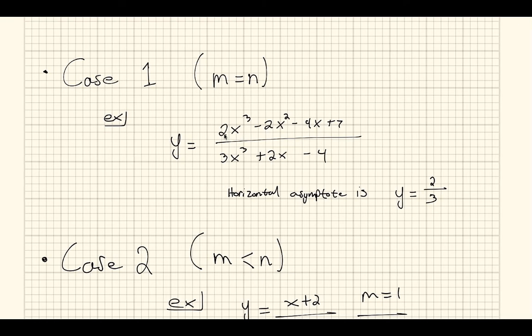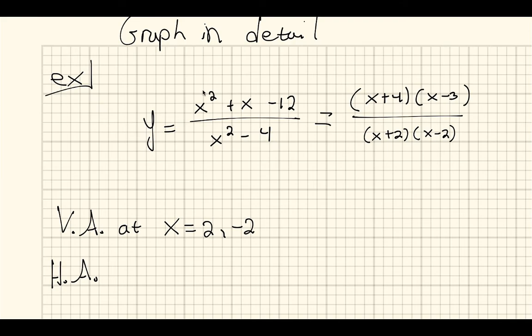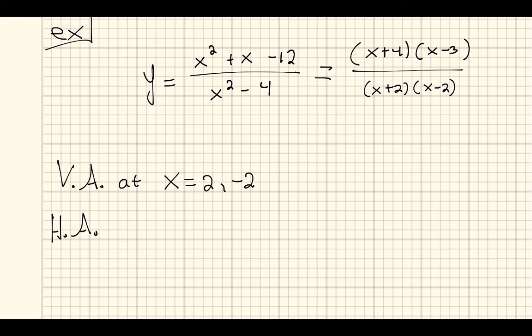So in this case, even though you don't see numbers here, that's 1x squared over 1x squared. So 1 over 1 would be y equals 1. So I have no holes, vertical asymptotes at 2 and negative 2, and a horizontal asymptote at y equals 1.